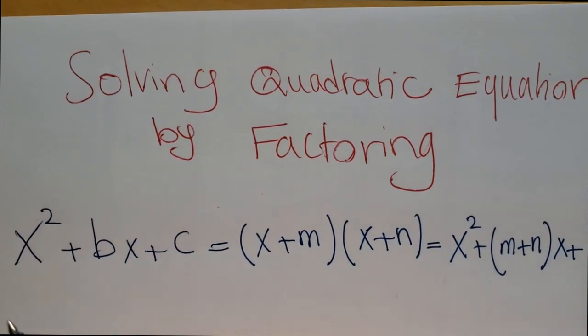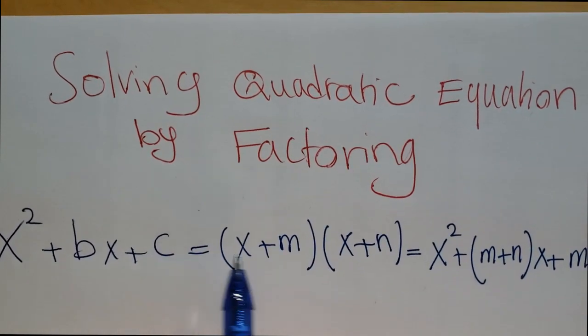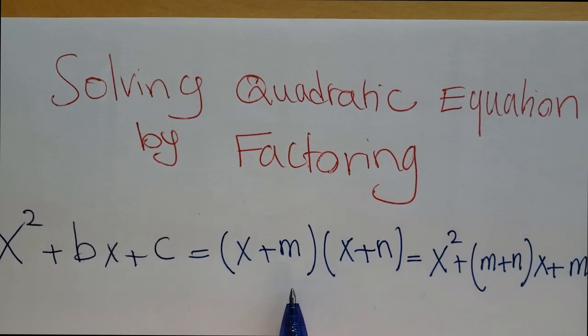Okay, now my expression x to the power 2 plus b times x plus c, I can change it into two parentheses which are multiplied by one another. Each parenthesis is a binomial because it has two terms, as you can see.